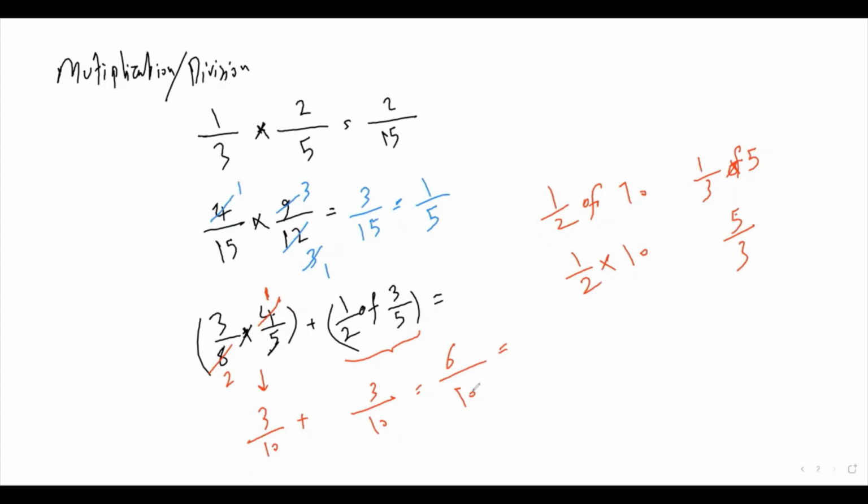Everything can be divided by 2, which leads to 3 over 5, right? And about the division, you can convert it to multiplication and then perform it.